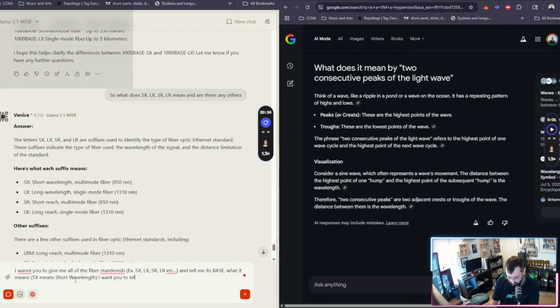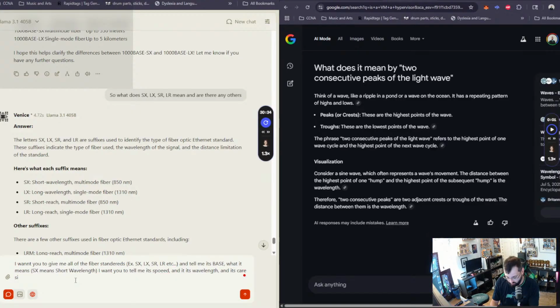And to tell me its speed and its wavelength and its core size.